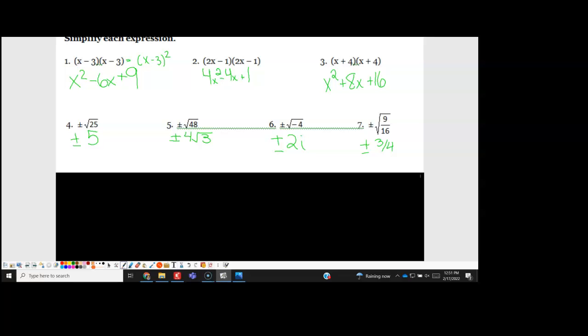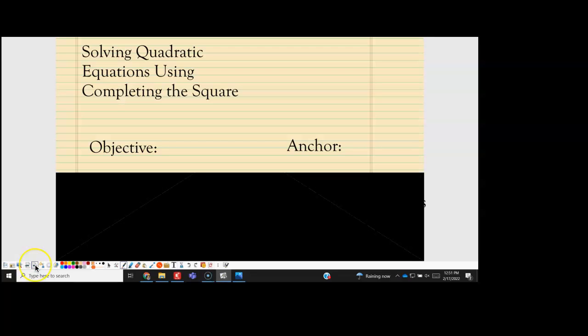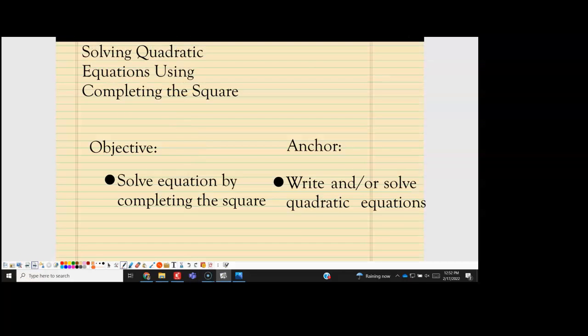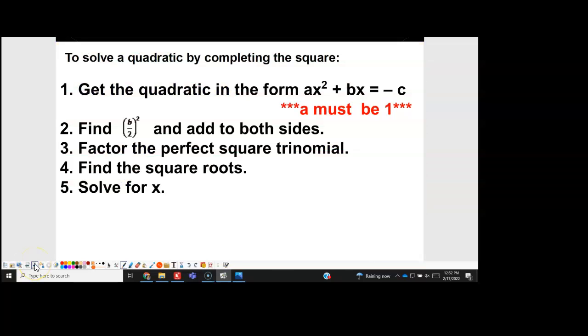By creating a perfect square, we create a quadratic that we can solve. So again, our objective is to solve equations by completing the square, and our big topic for this chapter is writing or solving quadratic equations. So the steps to solve by completing the square.